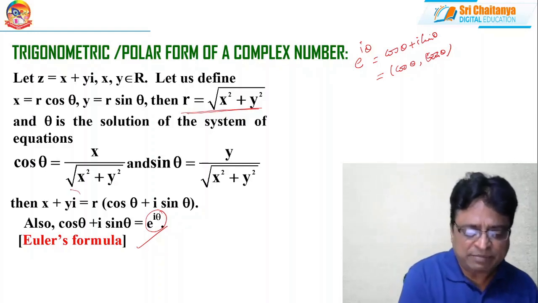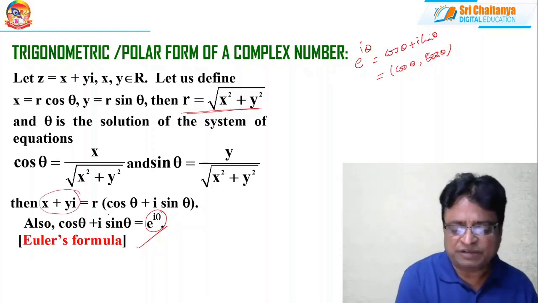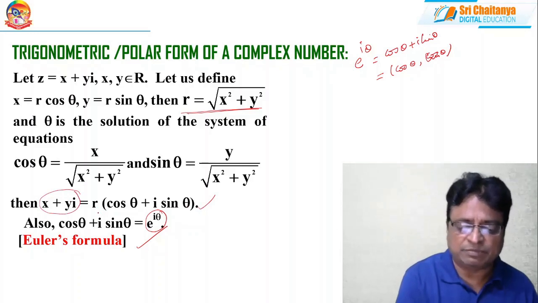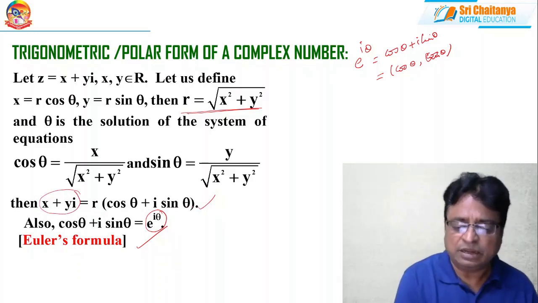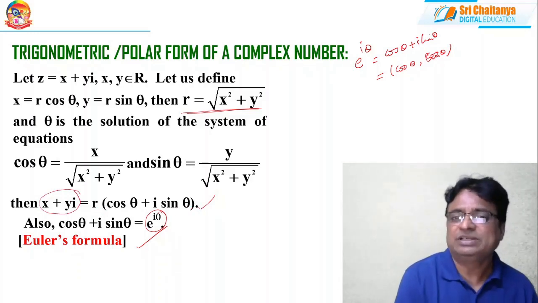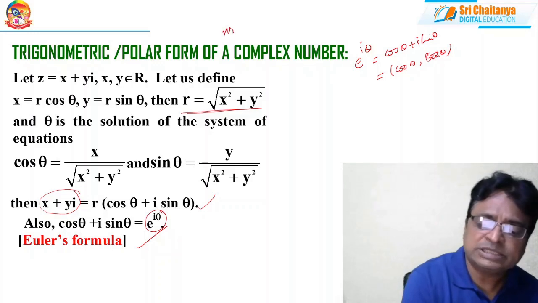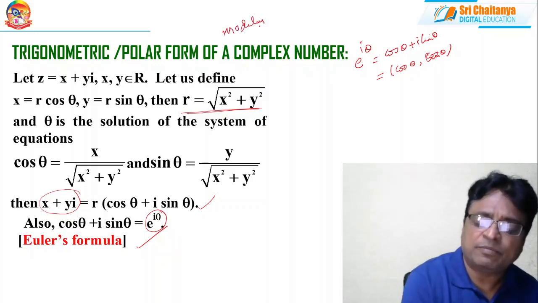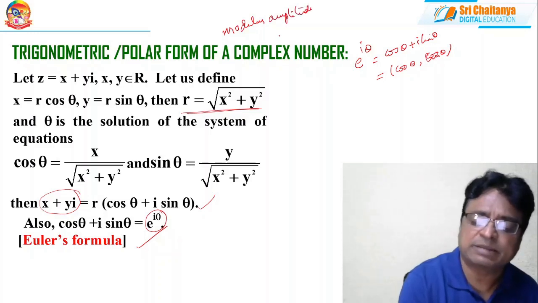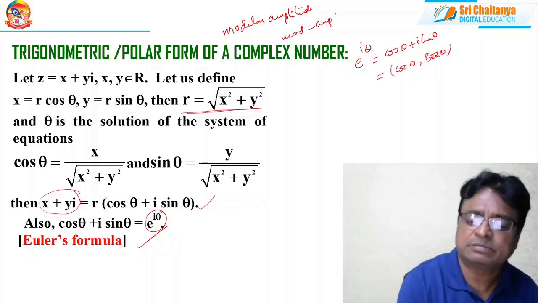So the same complex number we have represented in another form with modulus and argument. This is also called polar form or trigonometric form or modulus amplitude form, or mod amp form of the complex number.